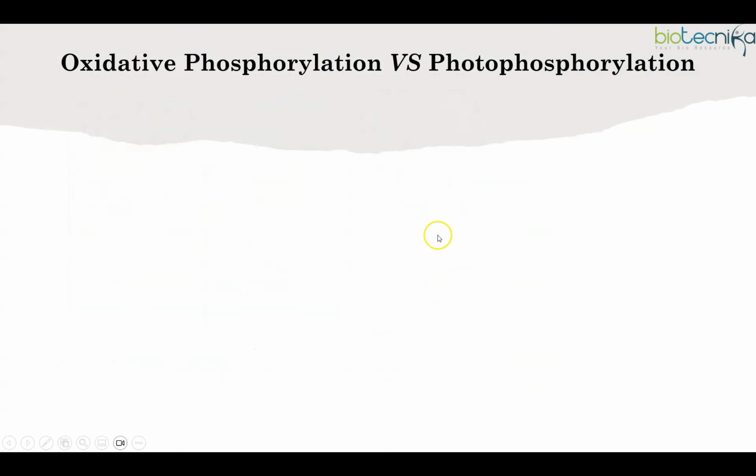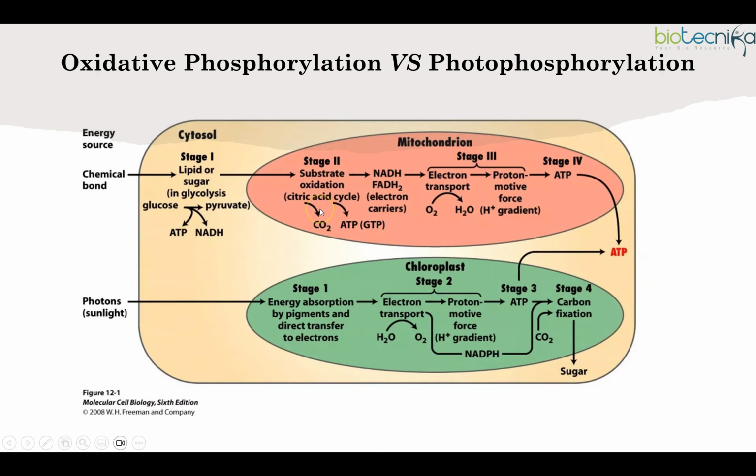Here is the summary of both the processes. This is an entire plant cell. Let's take it as a photosynthetic cell only. So mitochondria are also present. The electron transport chain is taking place where ATP is synthesized, and in the chloroplast, photophosphorylation is taking place.